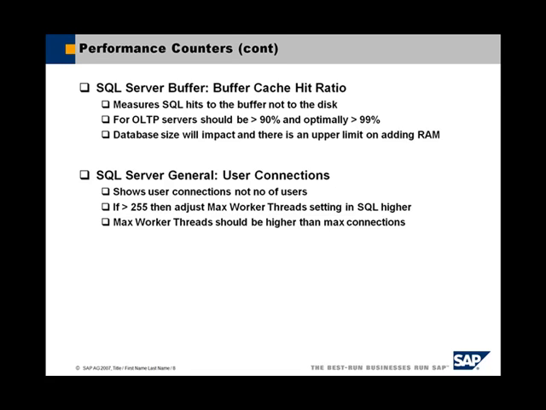Okay, so a good rule of thumb is that the setting for your maximum worker threads should be higher than the maximum number of user connections your server ever reaches. And of course, the only way you can determine that is by going ahead and running your performance logging and taking a look and seeing how that's tracking.